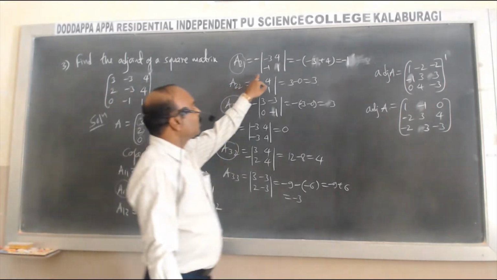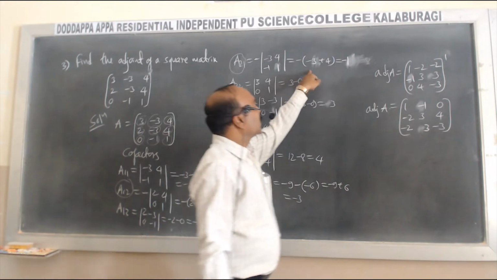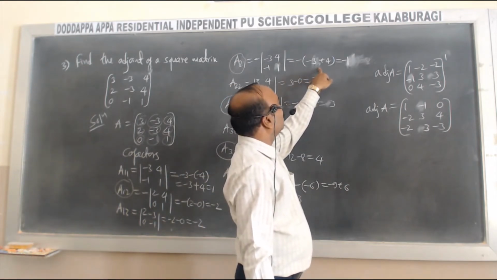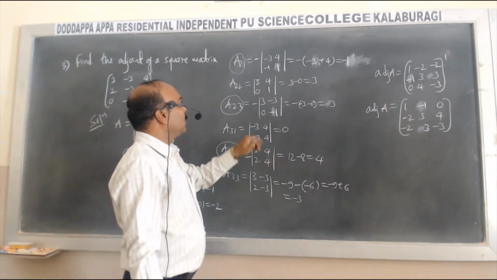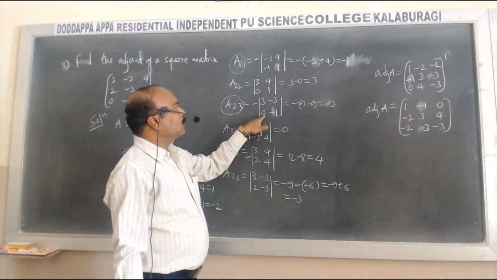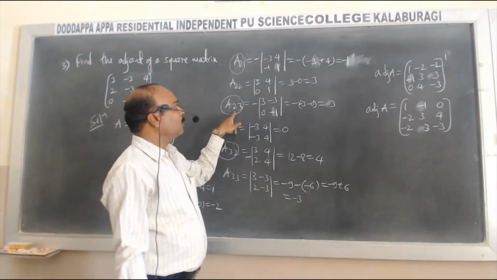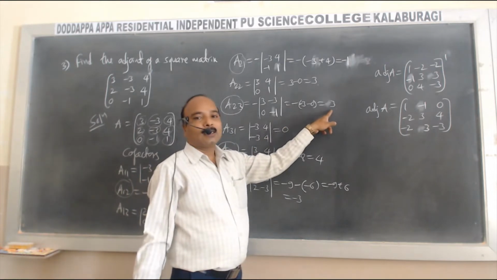Now here we got one mistake, that is minus 3 plus 4, it is equal to 1, this element. And another one is here, minus 3: it is 3 minus 3 0 minus 1, that is the cofactor of 2 3, that is minus of minus 3 minus 0, that is plus 3.